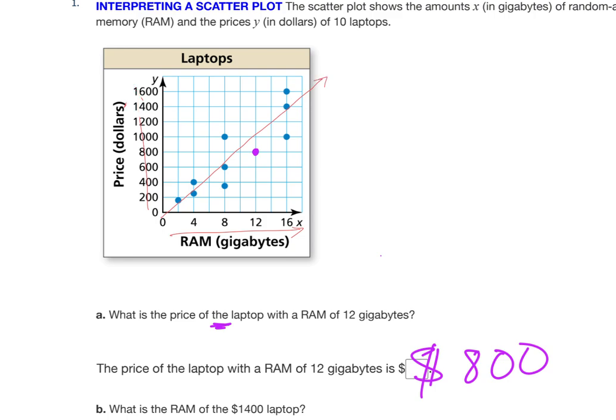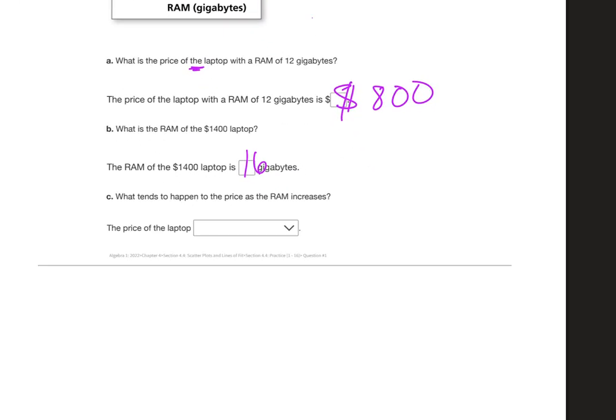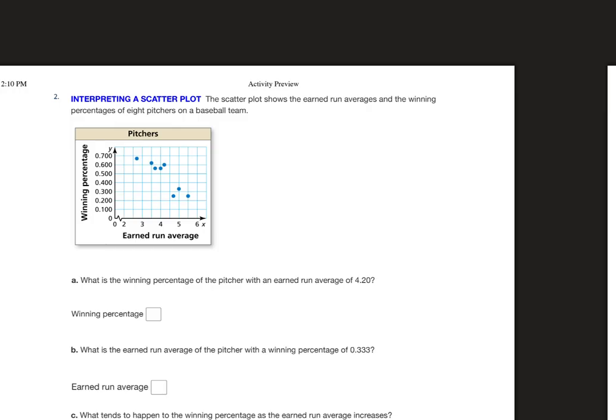This red line that I just drew, let me erase this red line so you're not confused. That red line seems to be a pretty good representation of what's happening to the price, right? So to put it in words, the price increases, duh.